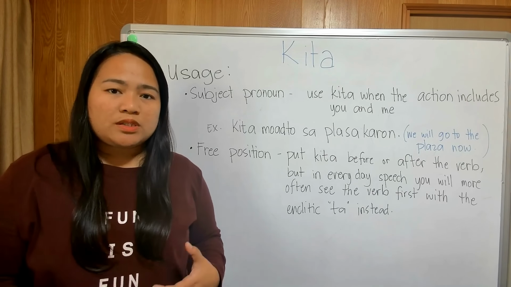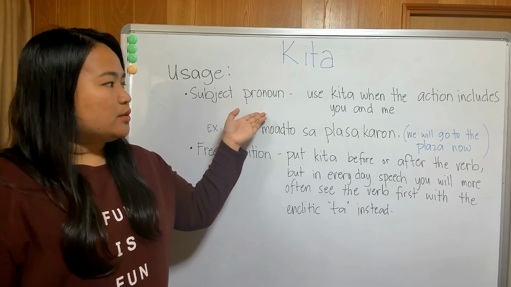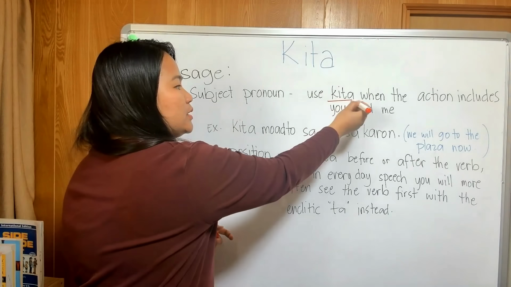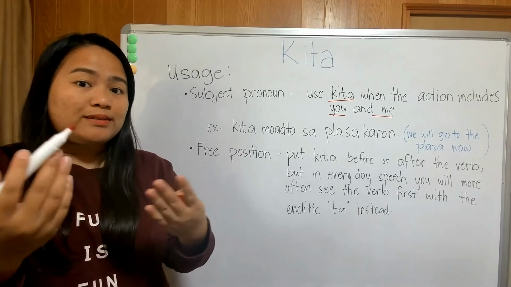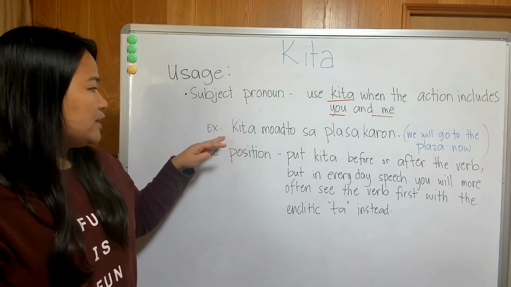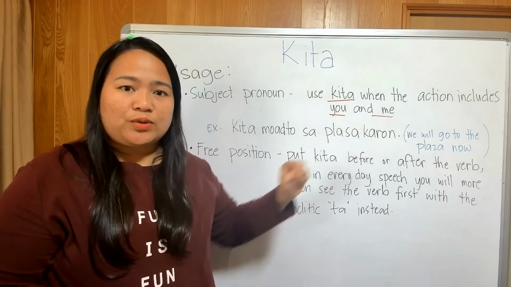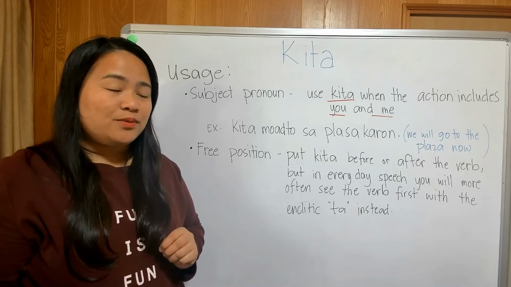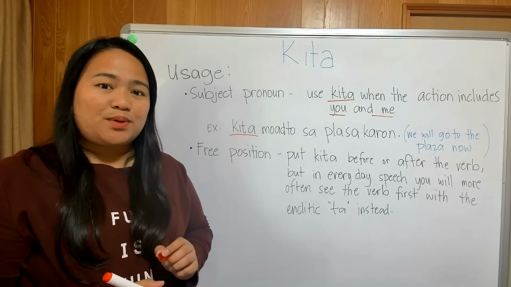Now let's have the usage of kita. So it's a subject pronoun. Use kita when the action includes you and me. For example, kita moadto sa plaza karon. So we will go to the plaza now. So kita here is the subject pronoun.